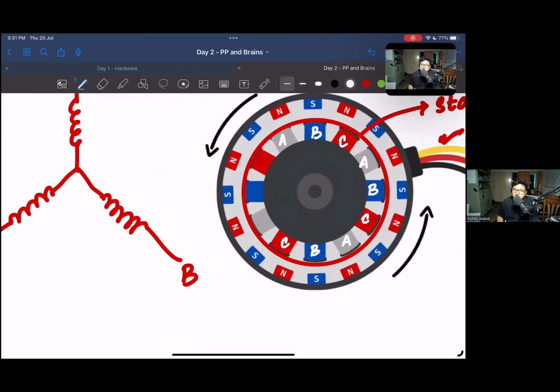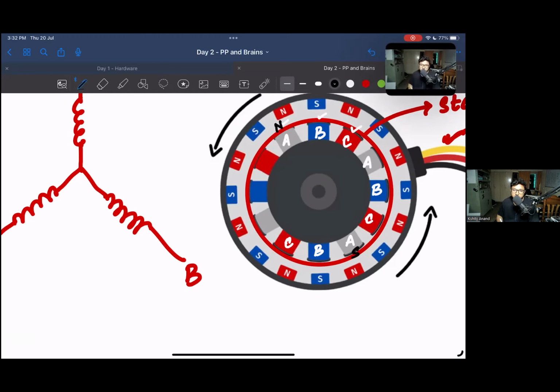Okay. And now how is this brushless DC motor going to work? We are going to excite these coils one after the other, and that is going to attract or repel. So let's say that right now we induce a north pole here and a south pole here on coil A. Then this is going to attract and this is going to repel.